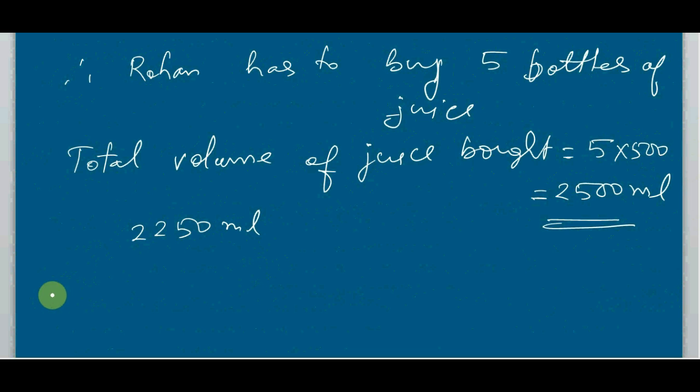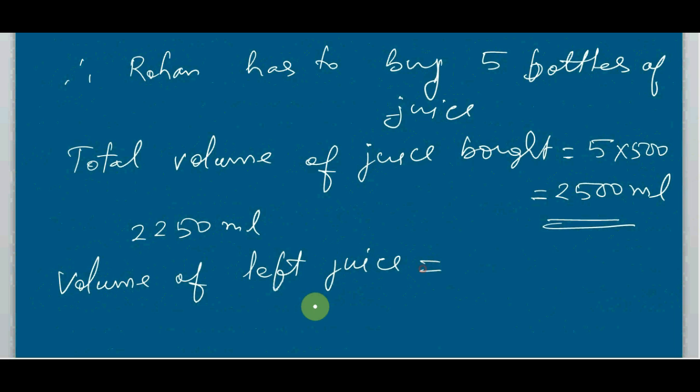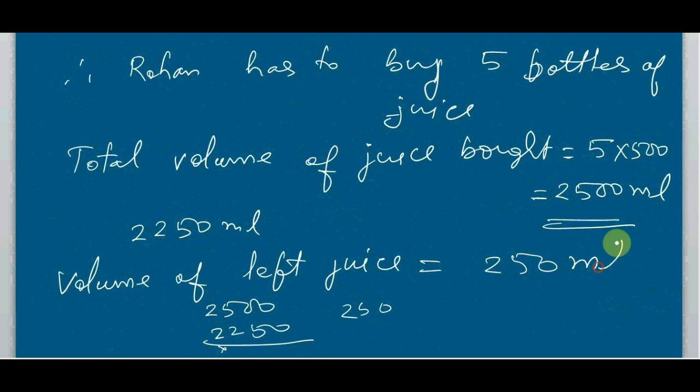So you will write the volume of, just notice, I am writing here volume of left juice or juice left, okay, equal to, you subtract here 2500 minus 2250, you will get 250, and that means 250 milliliter juice will be left finally.